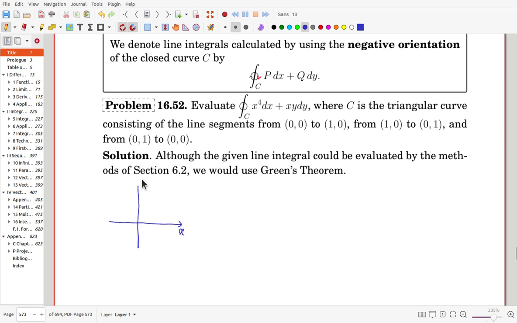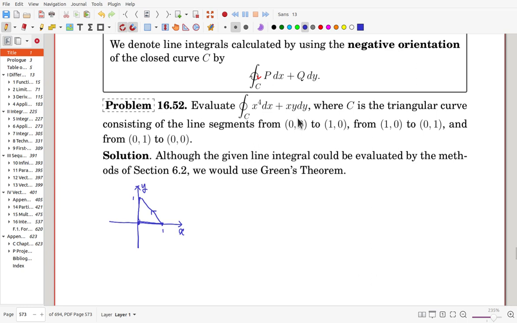That is the x direction, that is y. Start from (0,0) and move to (1,0), and then (0,1) here, and coming back. So the curve is given this way. It is a piecewise smooth curve and positively oriented. By using Green's theorem, we can evaluate it.